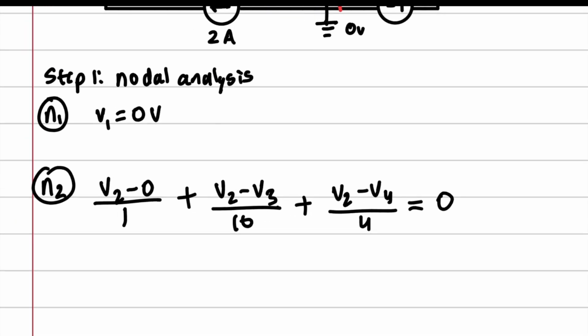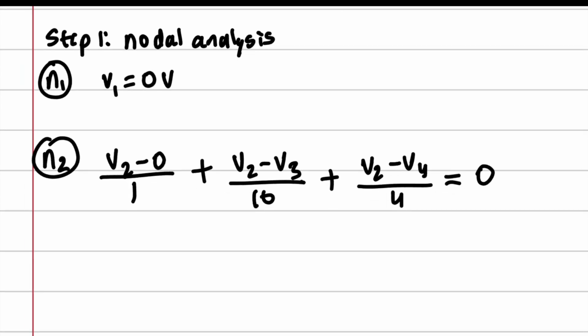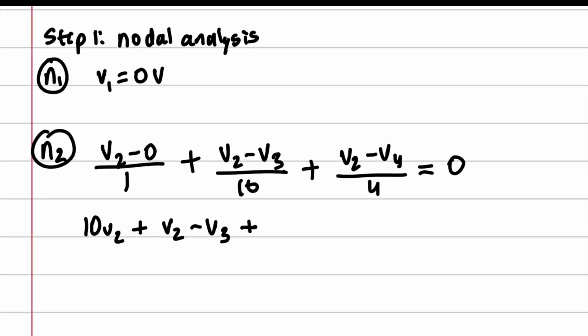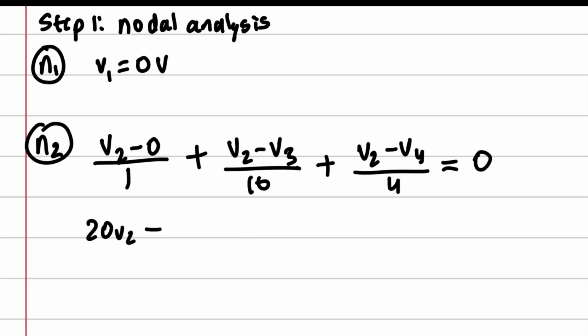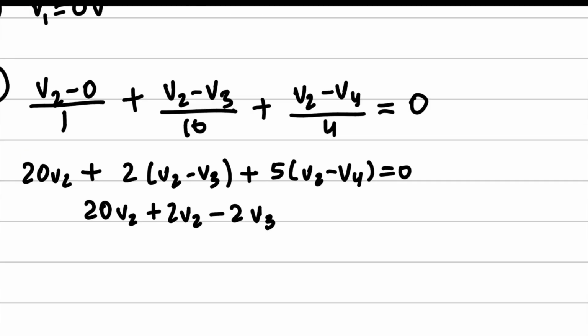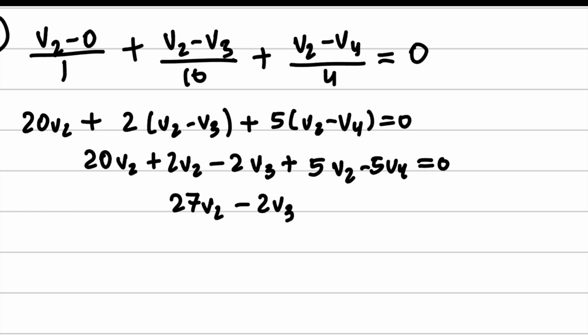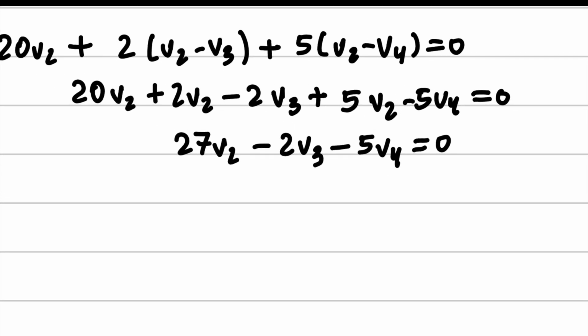I'm going to go ahead and simplify that out. Multiply by 10. Actually, let's multiply by 20. Okay, so we get 27V2 minus 2V3 minus 5V4.